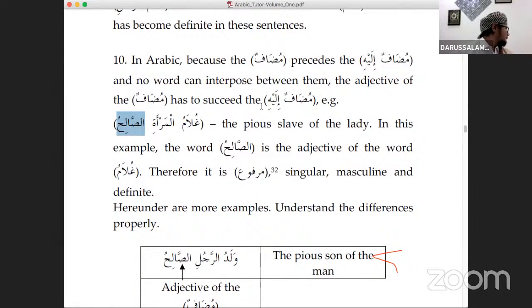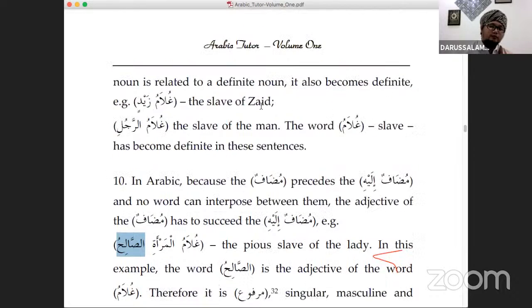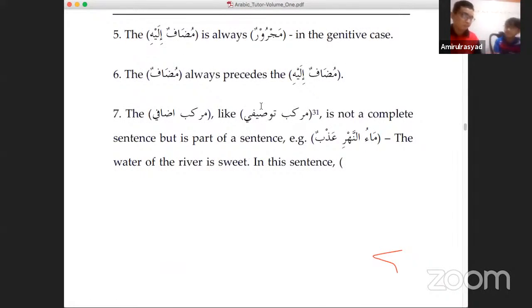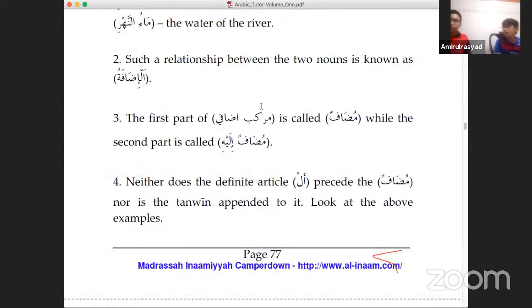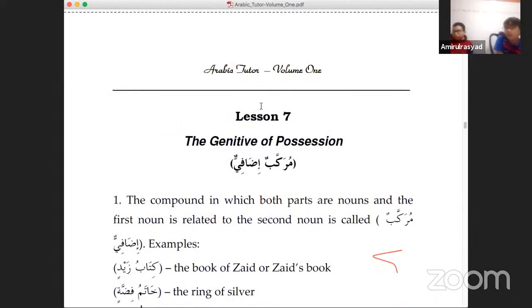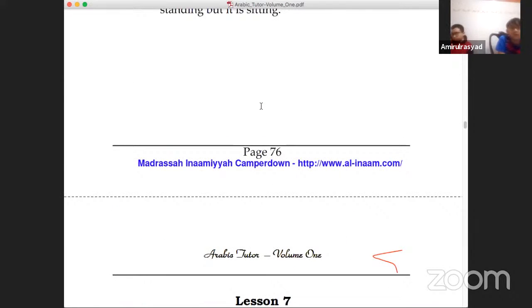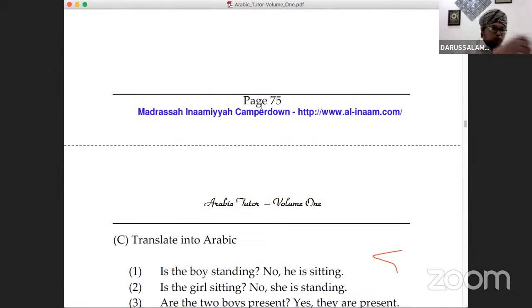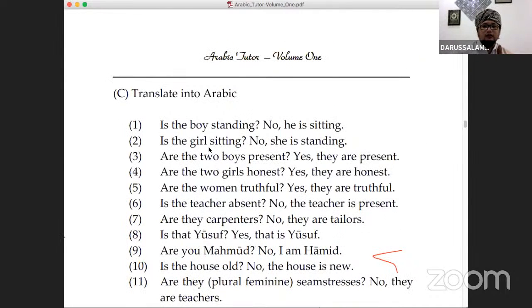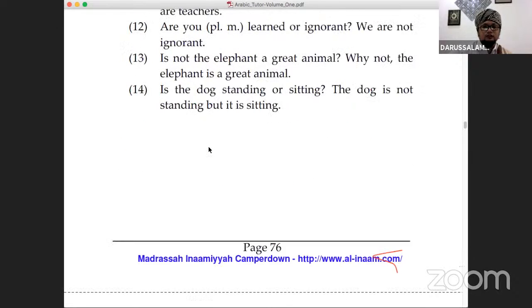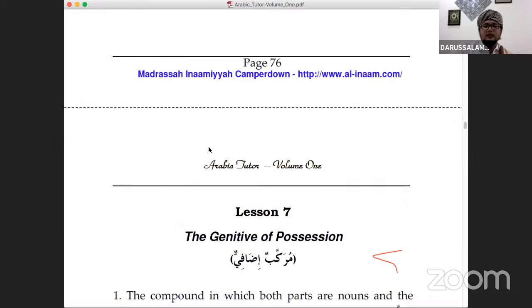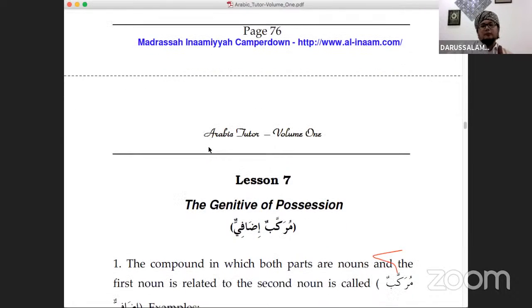Okay. I'll start again from the beginning of this chapter, lesson 7, page 77.